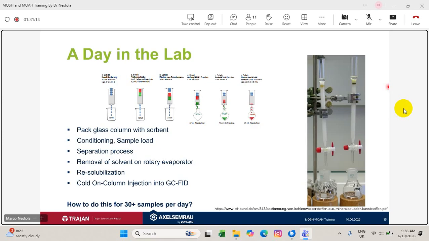You need to resolubilize it. And then, because we're analyzing up to C50, it's typically done by cold on-column injection. Because whoever of you tries to analyze quantitatively with an SSL or MMI or PTV up to C50 sees that the chromatograms, when you look at alkanes, will look like that.